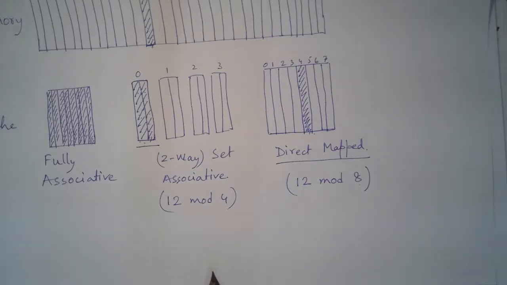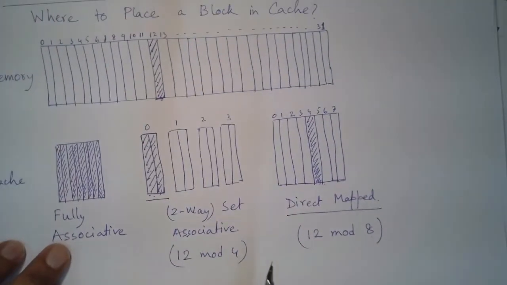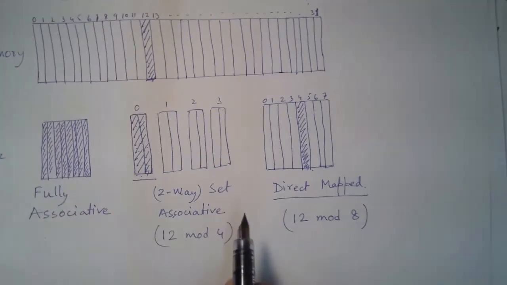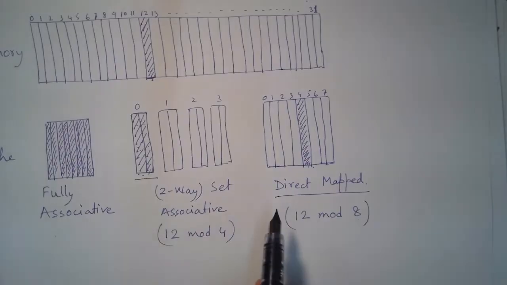All right. Do let me know if you have any question, because this classification of caches is very important, especially with the block placement strategy, and you will be encountering this kind of cache.